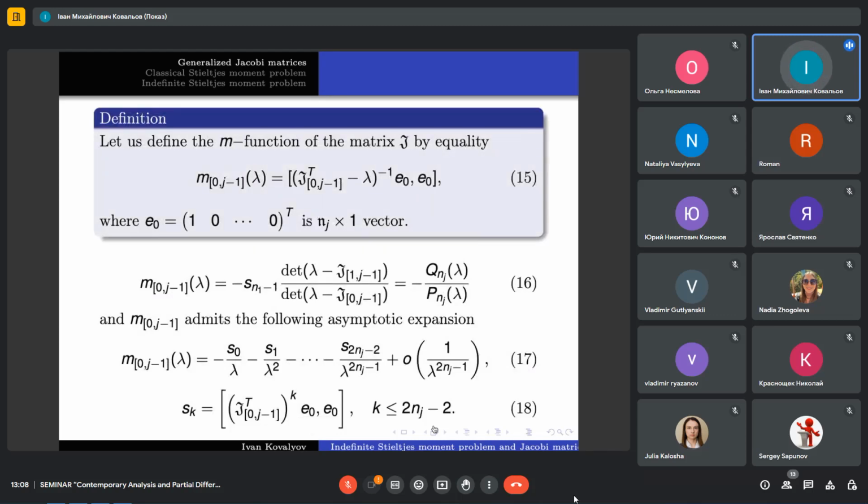The spectral object of this matrix is the M function. The M function of the matrix J can be found by formula 15. Moreover, the M function satisfies conditions 16 and 17, and the moment s_k can be found from the matrix J by formula 18.